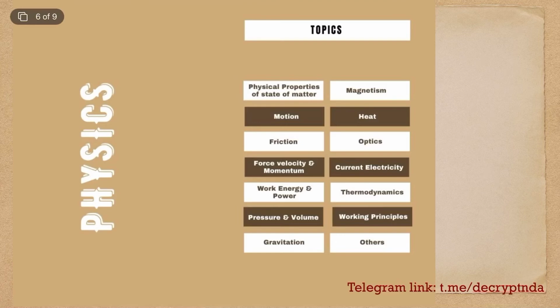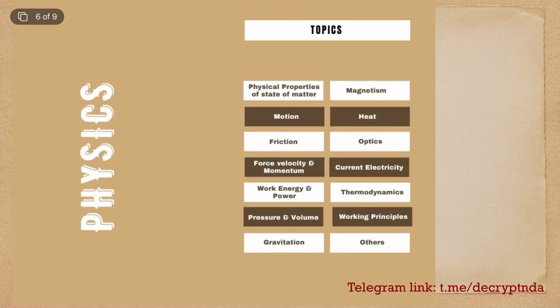Okay, from heat, the specific heat, heat capacity, heat transfer, latent heat. In the case of optics, you will be studying light propagation, lenses, mirrors, human eye. Okay, and in the chapter of current electricity, you will be studying electric circuits, conductors, Ohm's law.